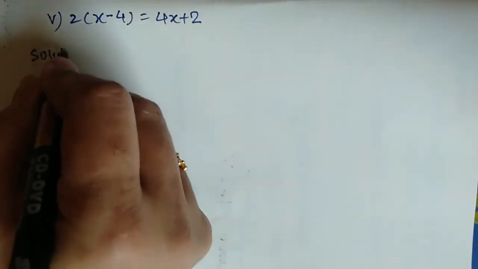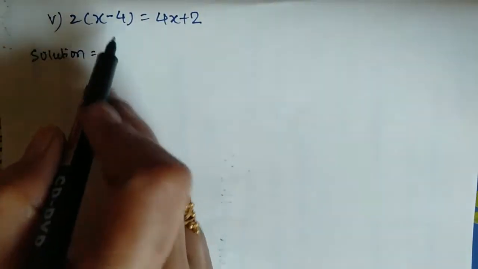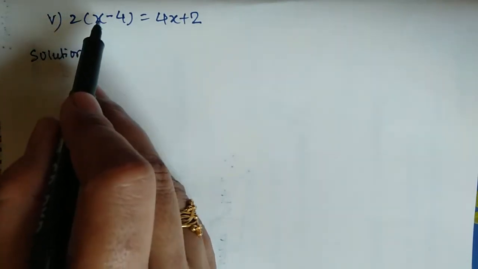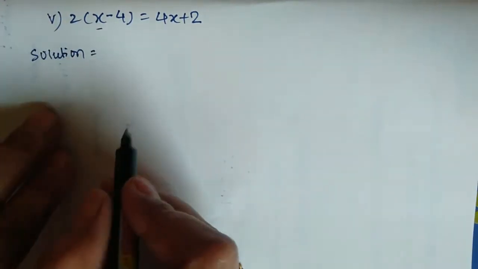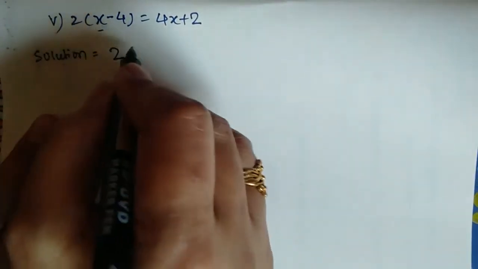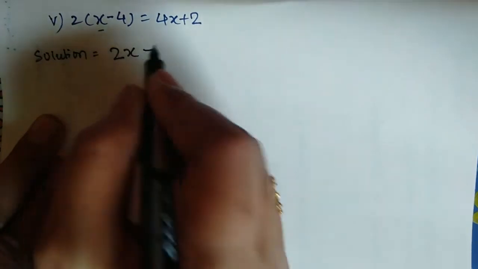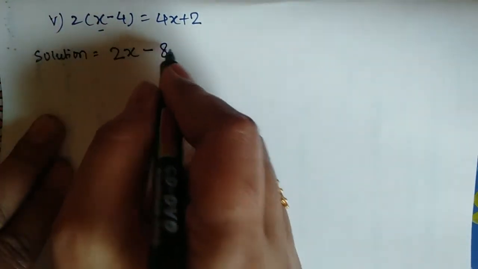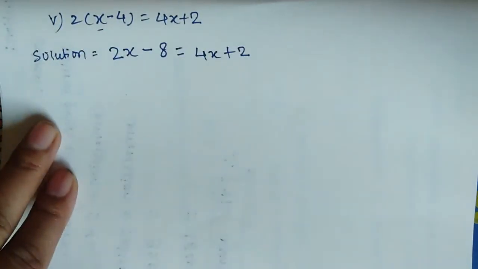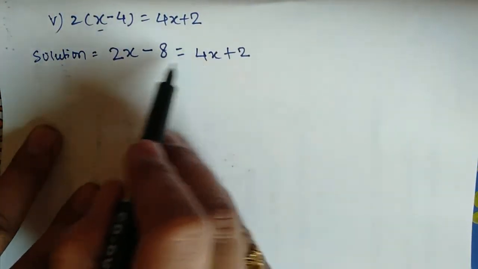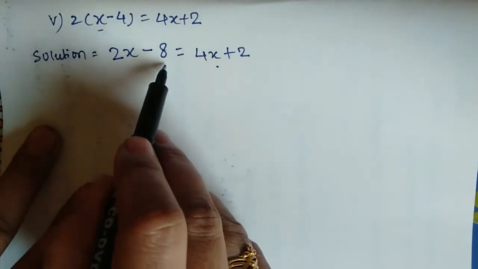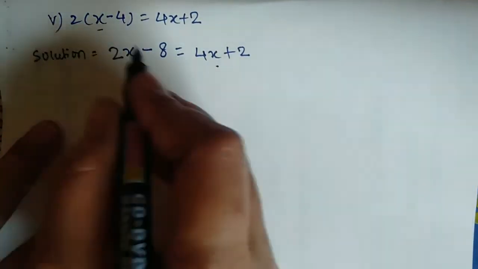So see the solution. Firstly remove the bracket here by multiplying 2 to both terms of the left side. So 2 into x is twice x, minus 4 times 2 is 8, equal to 4x plus 2. Now see here, collect the variable terms on one side and numeral terms on the other side.